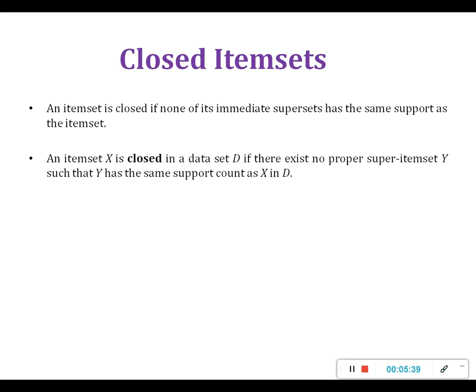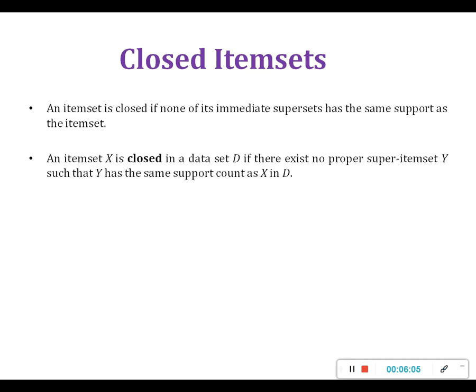This is called a subset. What is the superset? If I am saying xy is my item set, then the superset of that is xyz, which means xy is a subset of xyz. So here xy is called a subset, xyz is called a superset. This is the term subset and superset. The subset belongs to the superset.